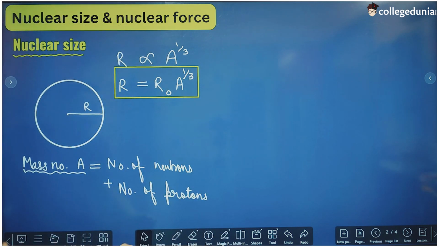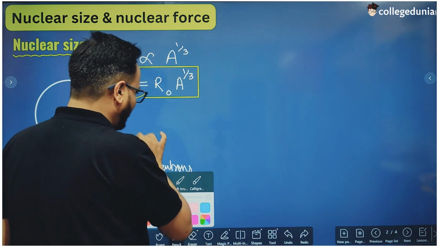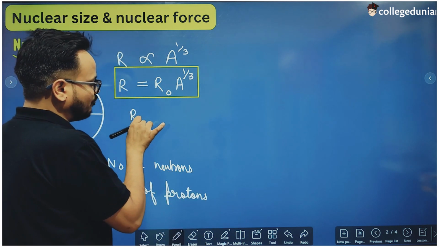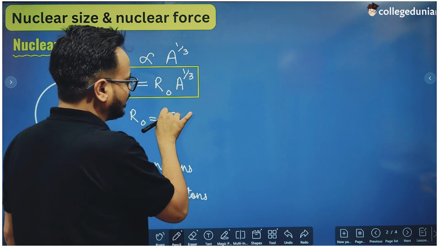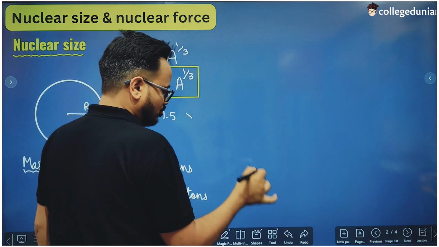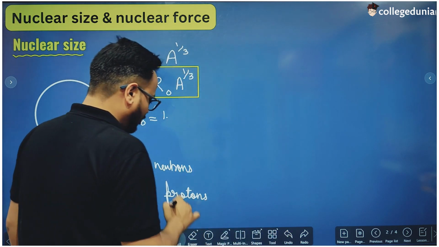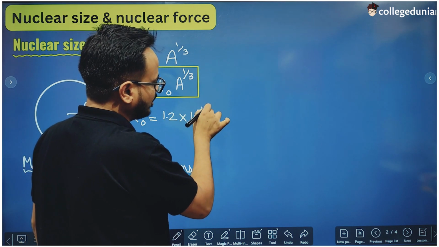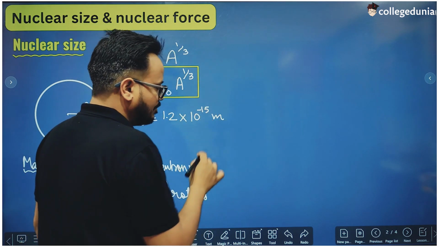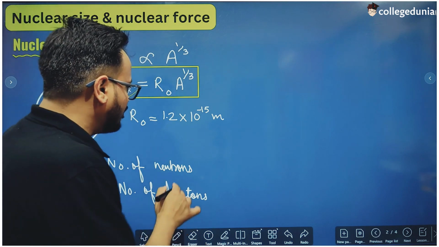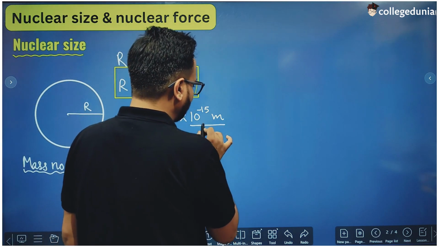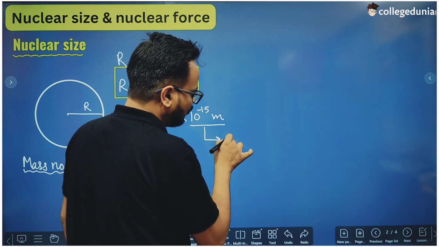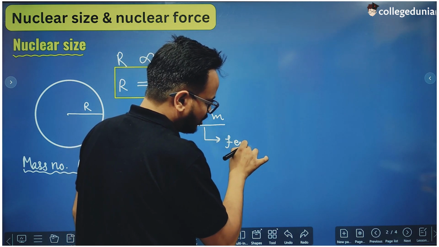So what is the value of R naught? The value of R naught is 1.2 into 10 raised to power minus 15 meter, and 10 raised to power minus 15 meter is also called femtometer, right?